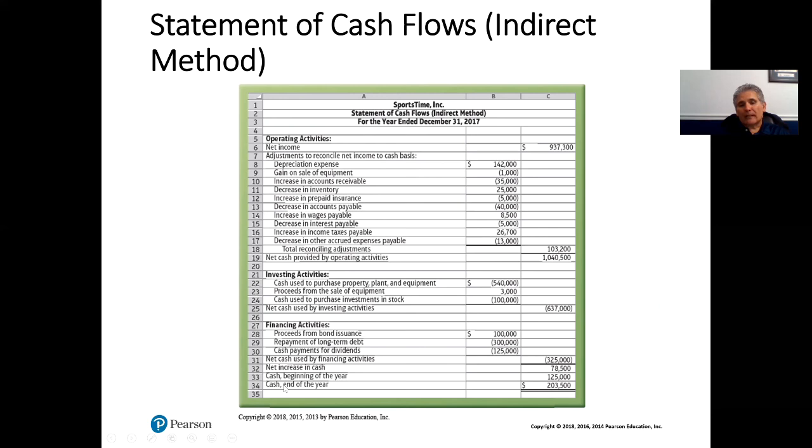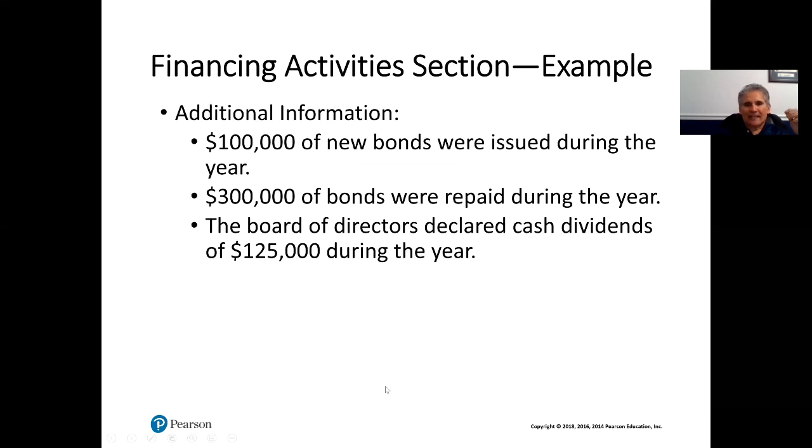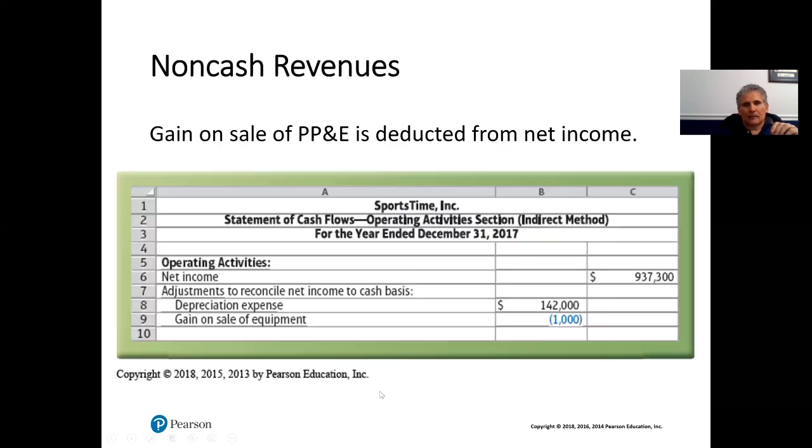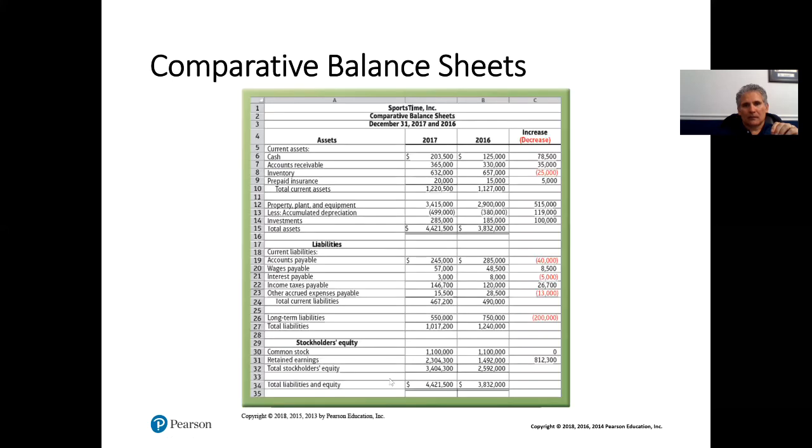We're going to go to the balance sheet and look at what was the beginning cash for the year, which will be equal to the ending cash of last year. Cash, what did we start off with in 17? Well, what did we end up with in 16? $125,000. That is our beginning balance for 17.